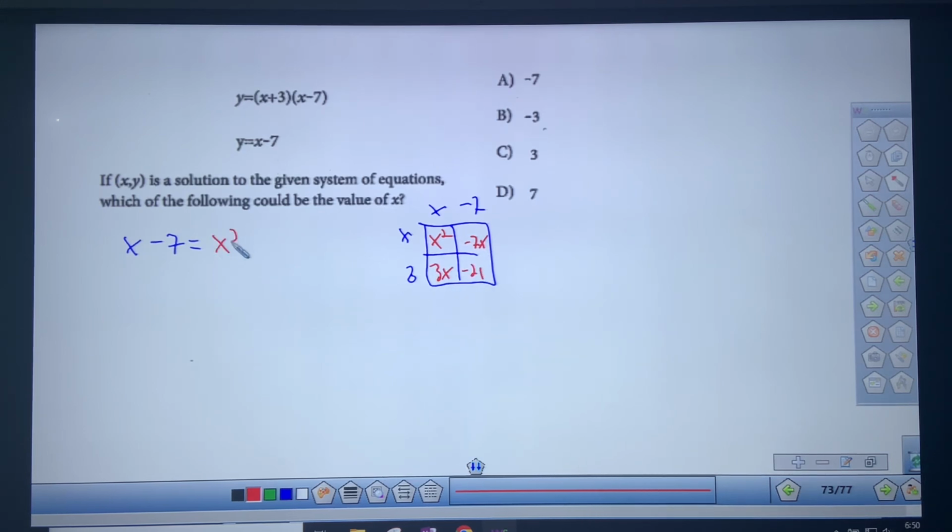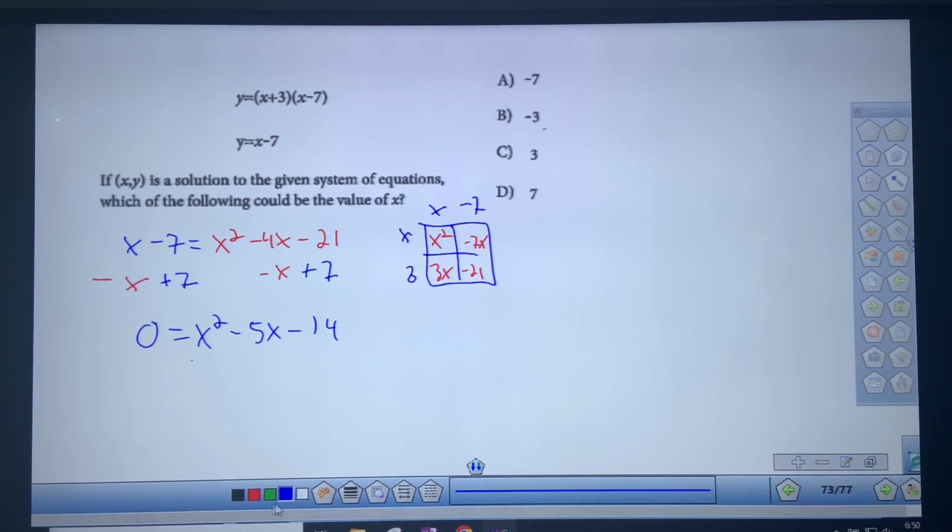So that would equal x squared minus 4x minus 21. Let's get everything over to one side. So I'm going to subtract x from both sides. And I'm going to add 7 to both sides. So that would give me 0 equals x squared minus 5x. And then 21 minus 7 would be 14. That would be minus 14.